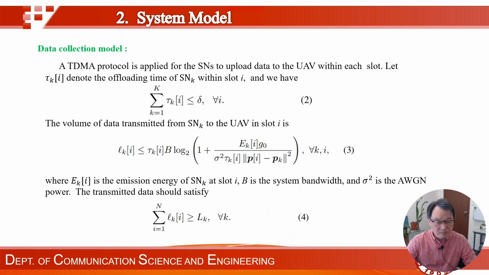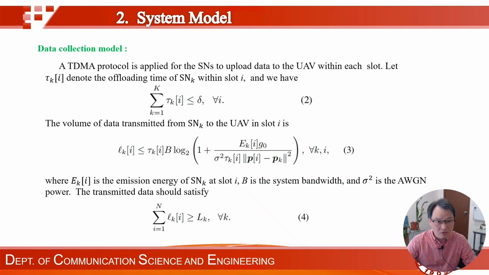Another part of the system model is the data collection model. In this case, we adopt a TDMA protocol, time division multiple access protocol, which means the sensor nodes upload their data to the UAV in separate time slots within each scheduling interval.